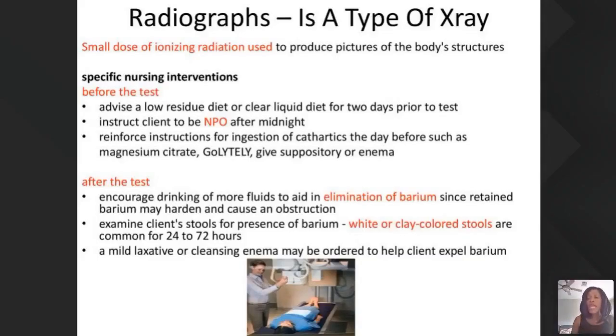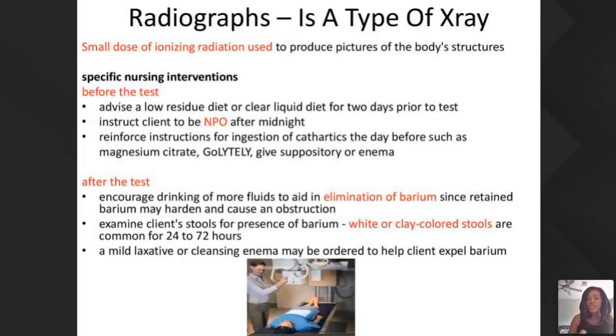NCLEX. Post any procedure that uses a barium, I need to see the white clay-colored stool within 24 hours, okay? Even post the procedure, if they can take stuff by mouth, I'm encouraging them to drink a lot of fluid. I'm increasing that IV. I'm giving a Colace. I need to get that barium out of them, okay?